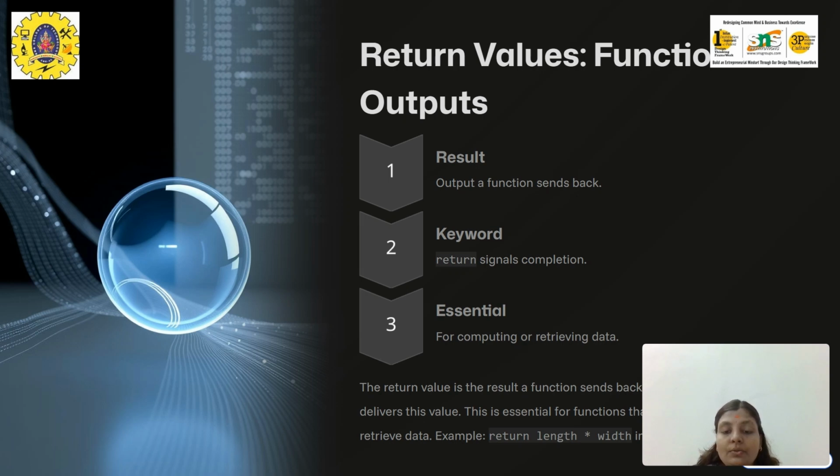The return value is the result of a function that it sends back, and the return keyword delivers this value. This is essential for functions that compute, calculate, or retrieve data. Example: return length * width inside calculate_area.